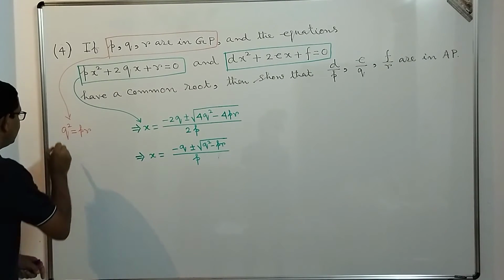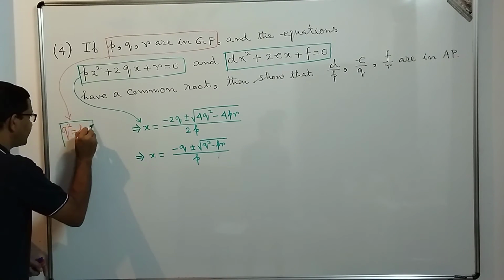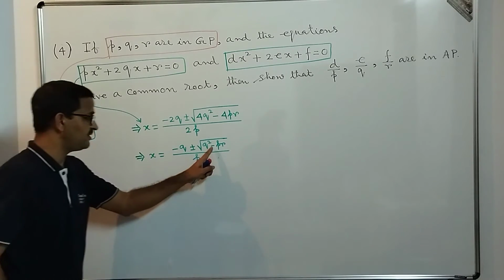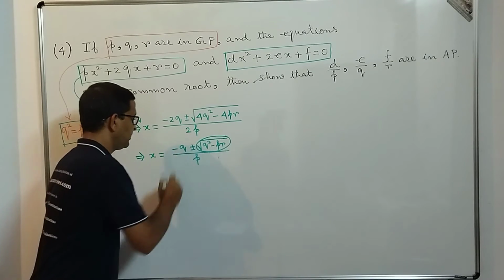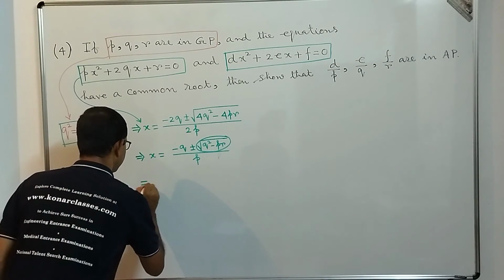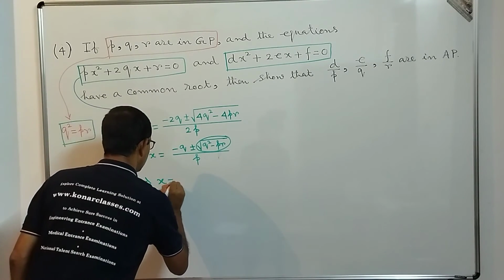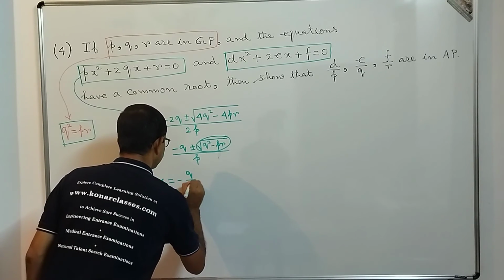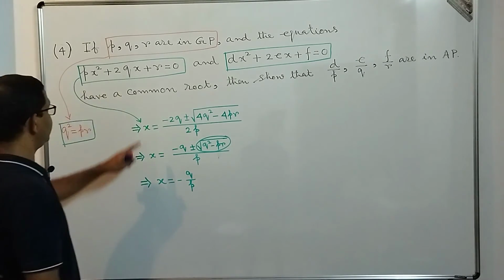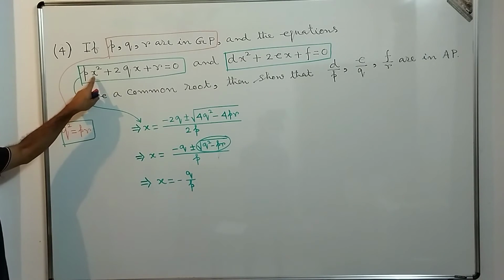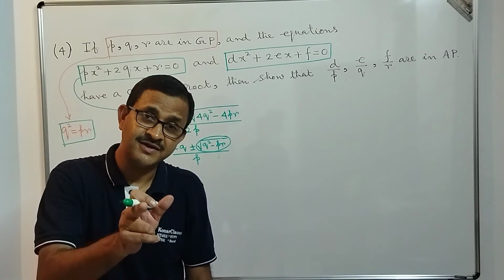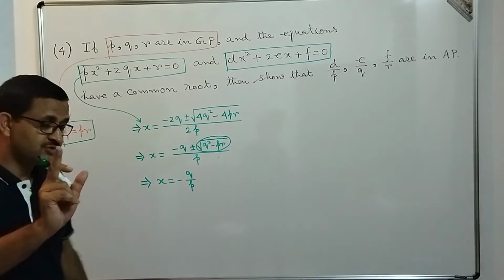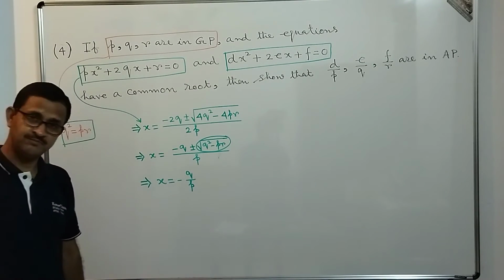Now you see that q square is given as pr. That means q square minus pr is equal to 0. So this value becomes 0. Then what do we get? This means that x is equal to minus q by p. So that means this quadratic equation px square plus 2qx plus r equal to 0 has equal roots, and both the roots are equal to minus q by p. Correct?